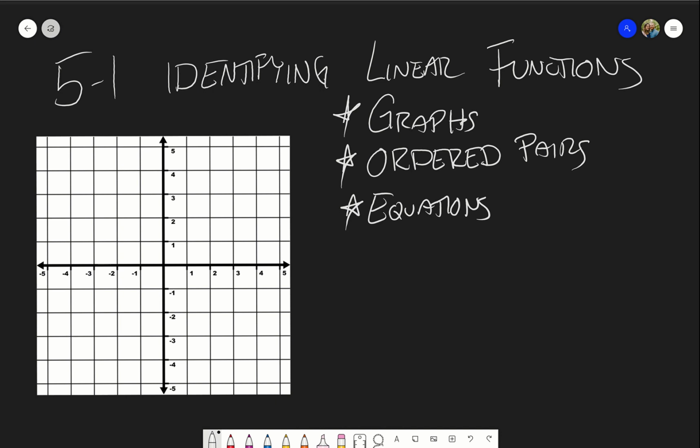linear function. Now you might be asking yourself, what the heck is a linear function? And I'll say that's a great question. We haven't talked about this. Really, I might have said this word before. We haven't talked about a linear function.